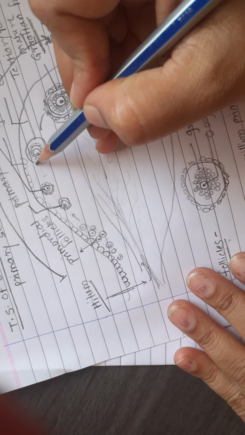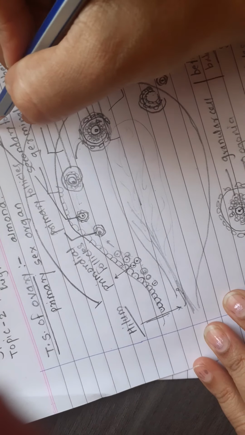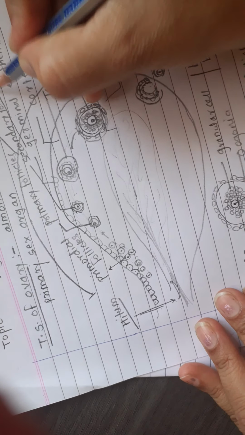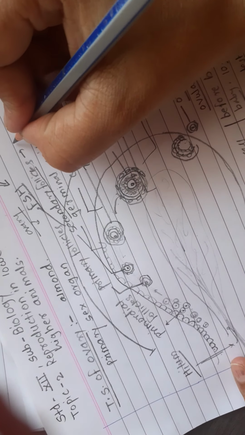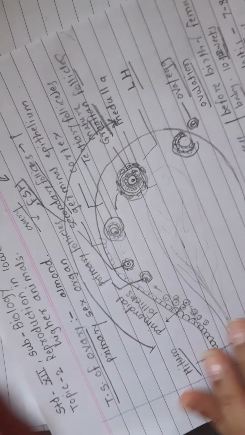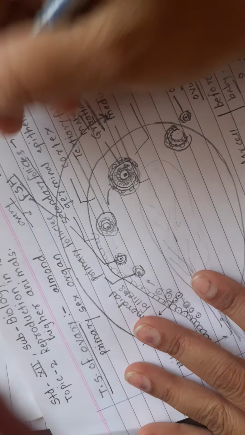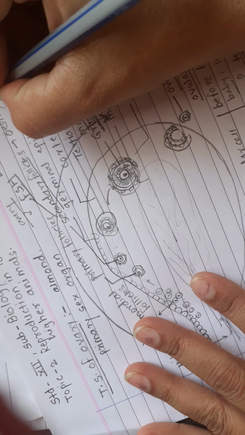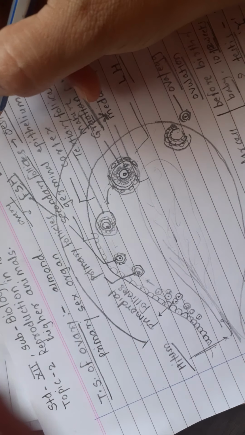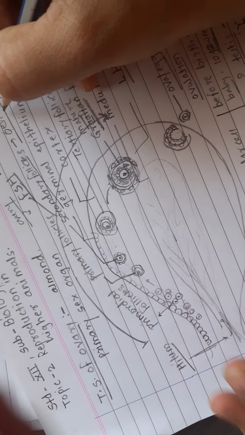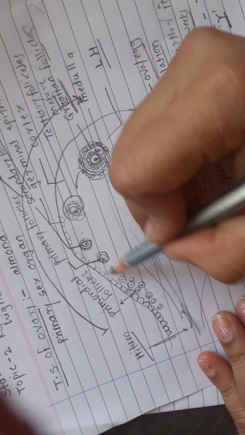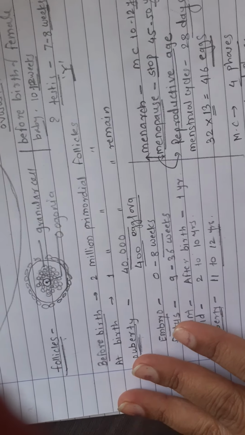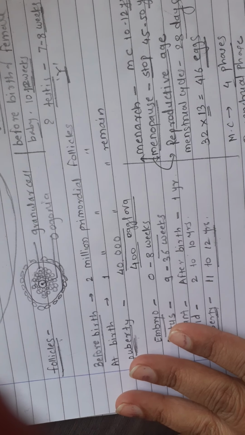The follicles grow due to the influence of FSH, and when the secondary follicles are formed, they produce a hormone called estrogen. Due to the secretion of this estrogen, follicle changes take place in the cortex region. So this is the proliferative phase.